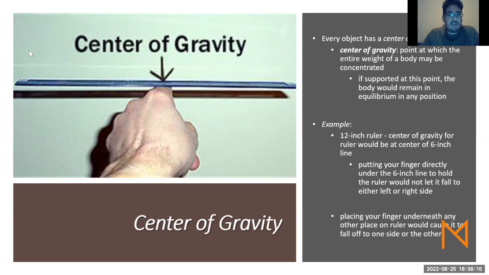Now the center of gravity between 1 and 12 inches is going to be right in the middle, which is the 6-inch mark. So if you had your finger on that center of gravity and held it there, you would be able to balance that ruler and not let it fall to either the right side or the left side. It would be perfectly suspended, as you see in the picture here, showing you that it's met in the middle between 1 and 12 inches.